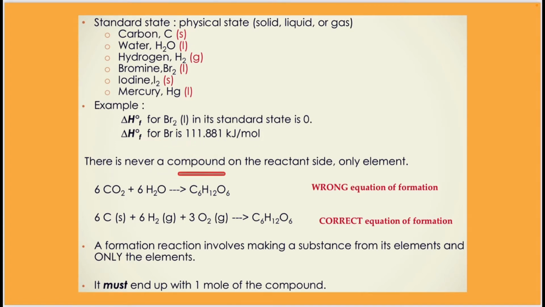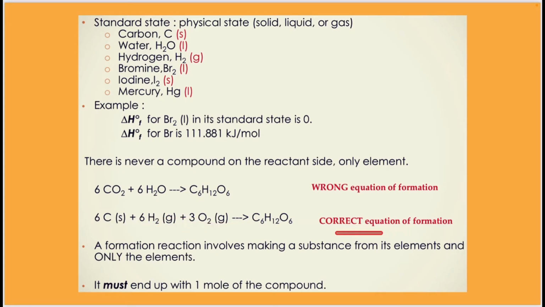So there is never a compound on the reactant side, only elements. Here we have the compounds carbon dioxide and water. A compound is not an element. So this is the wrong equation of formation. For the correct one, carbon only, and hydrogen and oxygen are the reactants.